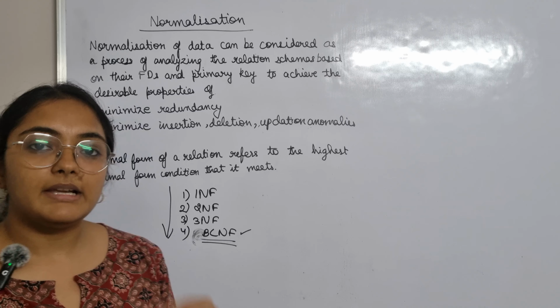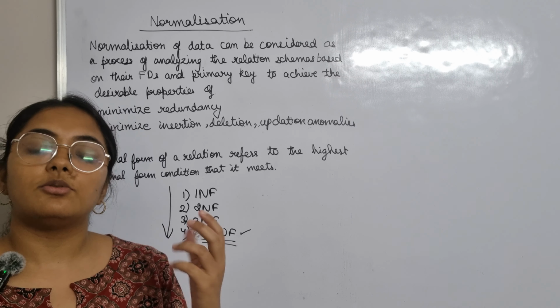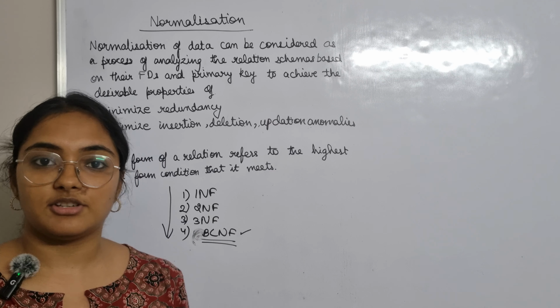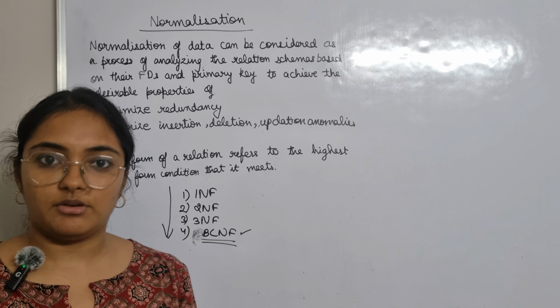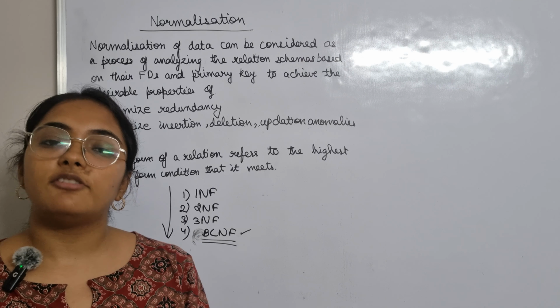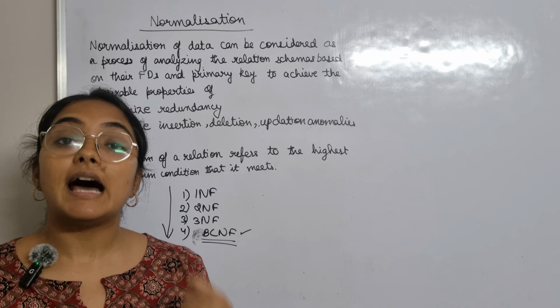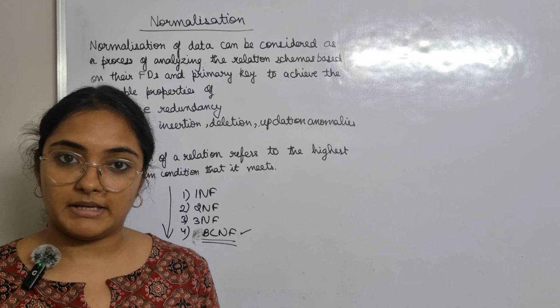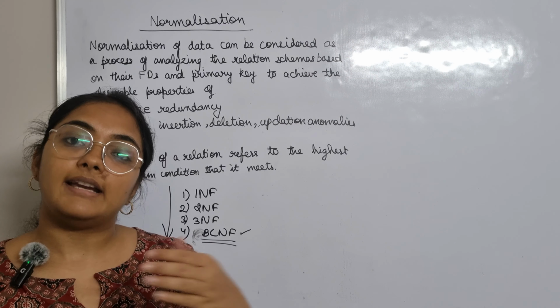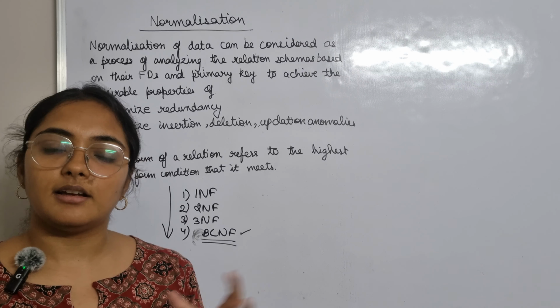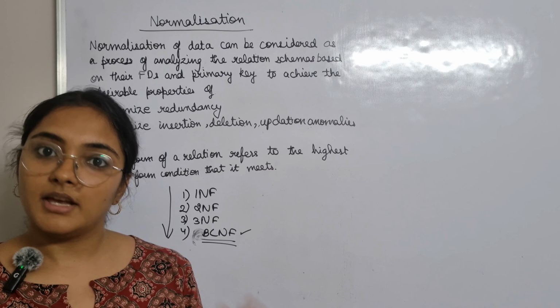So that is what is the normal form of a relation schema. What is a normal form? Let's say you are told to find out the normal form of a relation schema. The normal form of any relation schema is the highest normal form condition that it meets. Okay, and it indicates to which degree that relation schema has been normalized.